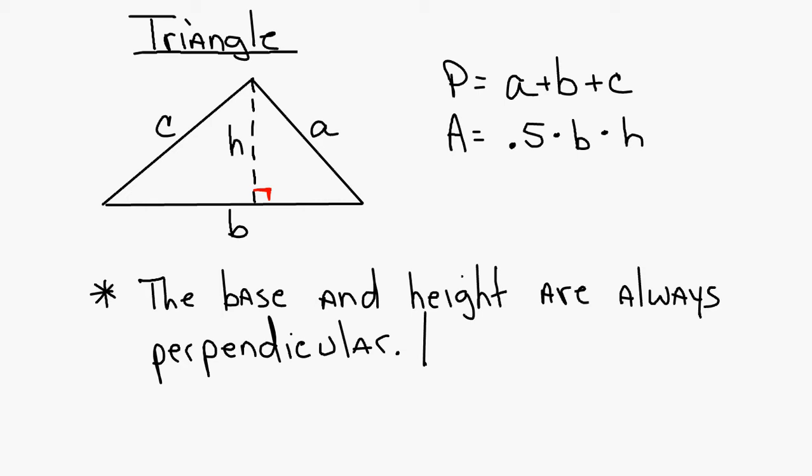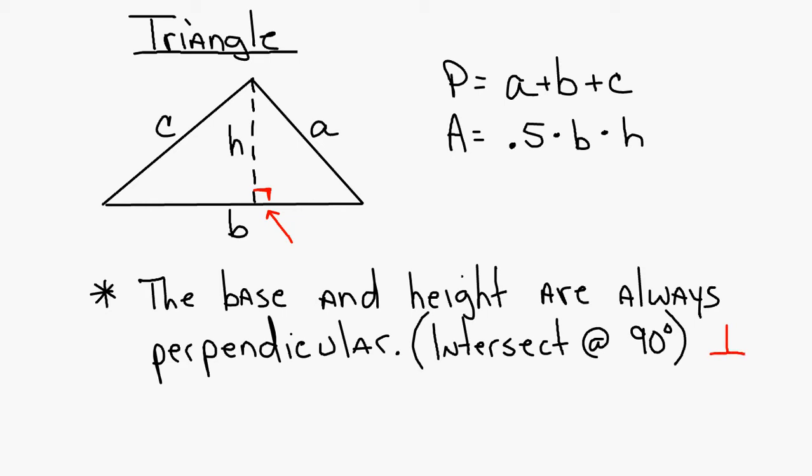And perpendicular means they intersect at 90, intersect and form a 90-degree angle. This is one of the symbols for perpendicular. Another one is this symbol right here, an upside down T. That's the symbol for perpendicular.